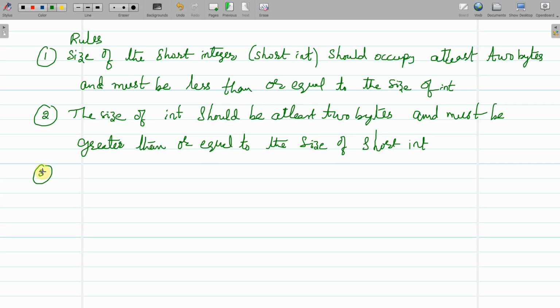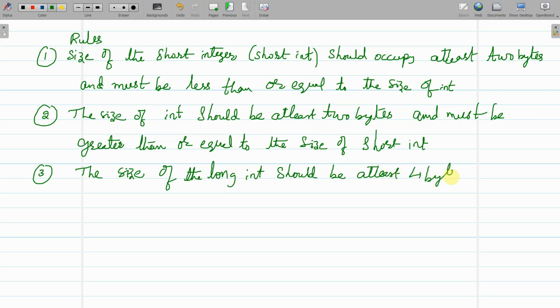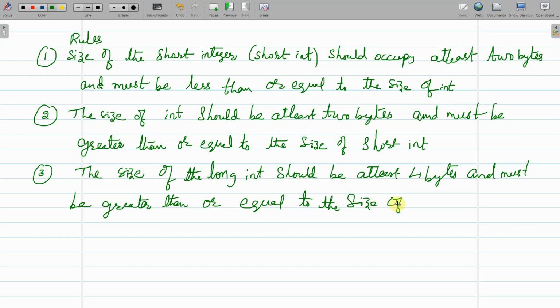The third one is like this. So the size of the long int should be at least 4 bytes and must be greater than or equal to the size of int.